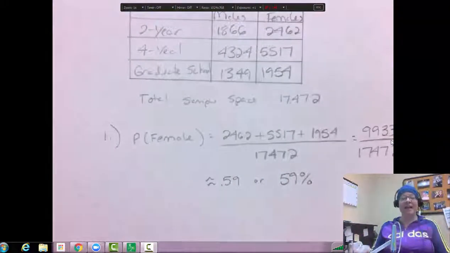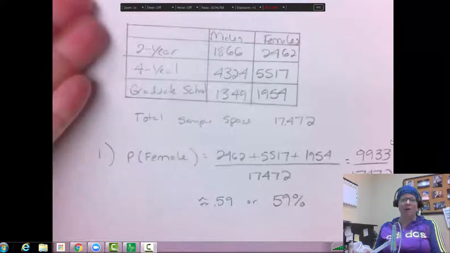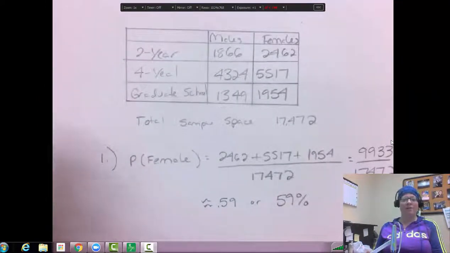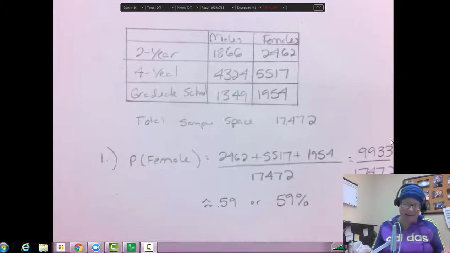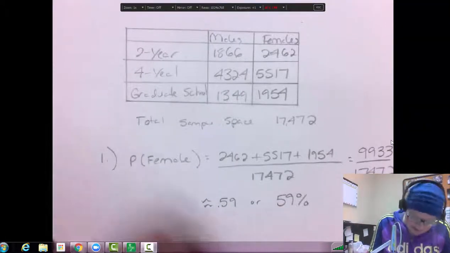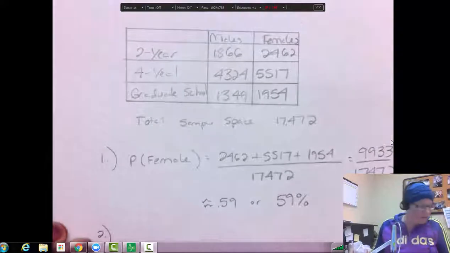So there's 59% of females represented from this chart in the colleges, 2, 4, and graduate school overall. So there's more females than males, a higher probability of a female.